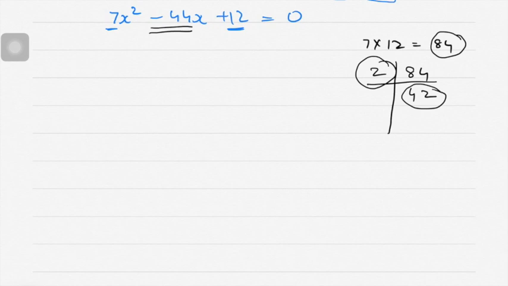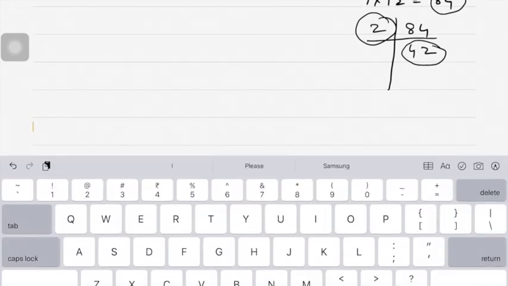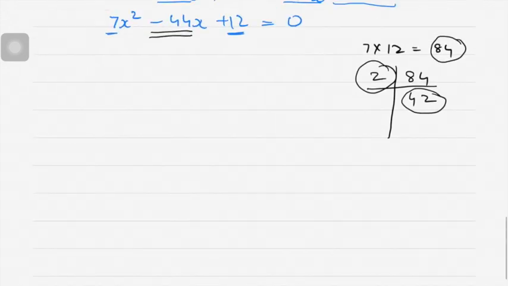Okay. Now when I multiply two numbers, it has to be 84. Correct? So that means minus 7. No, sorry. So my numbers are 2 and 42. When you add, it becomes 44. Correct? Now only you have to decide the signs.